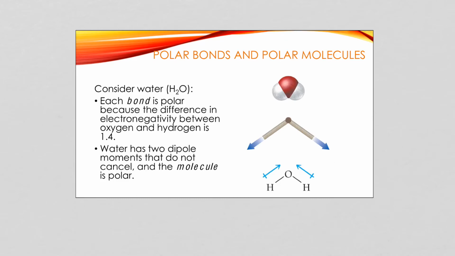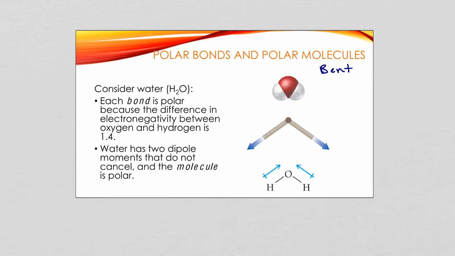So let's take one more example. Let's look at a water molecule. We look at our Lewis structure, or we can draw it in a more space-filling model, and we determined earlier that water has a bent shape.